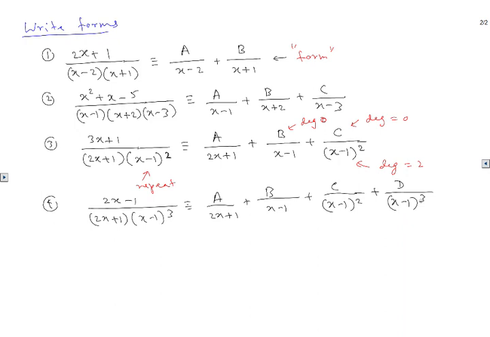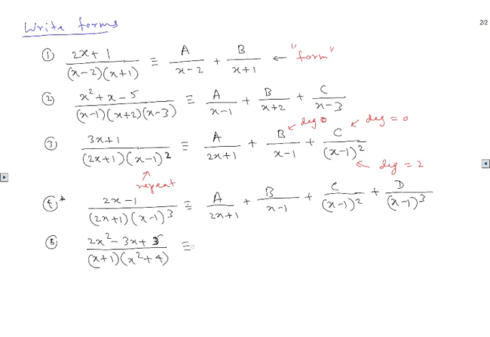Okay, and then let's go to number 5. Here you're going to see an irreducible factor. So we're going to see 2x squared minus 3x plus 5, let's say plus 3 maybe, and then we have x plus 1, x squared plus 4.